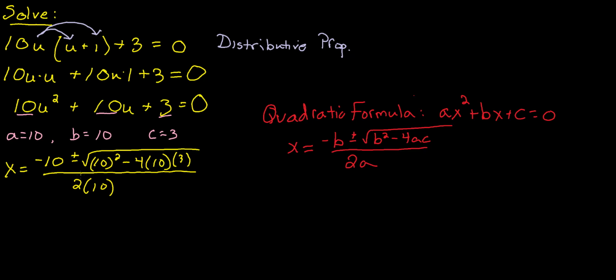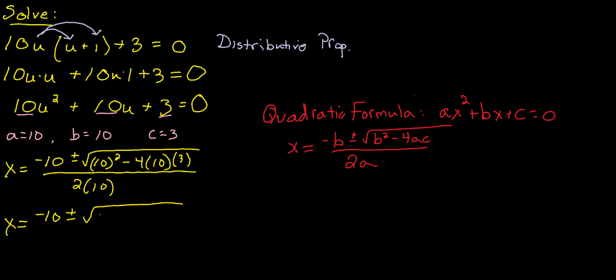2a. Now, I could go and type this right into a calculator. I'm going to tidy things up a little bit here just so that I don't miss a parenthesis. We can always double check it with technology, but if we try to simplify here, I'm going to have x equals negative 10 plus or minus. And now I'm working under the square root there.